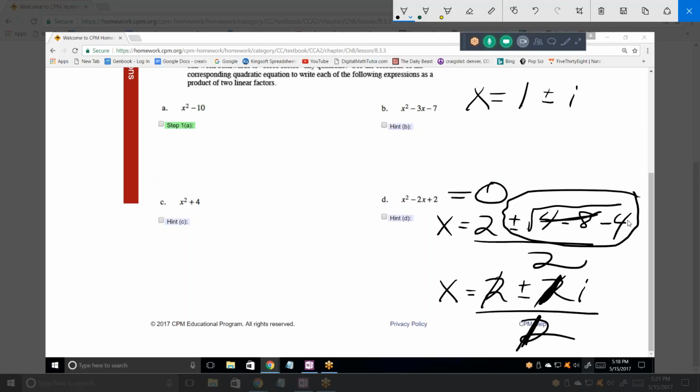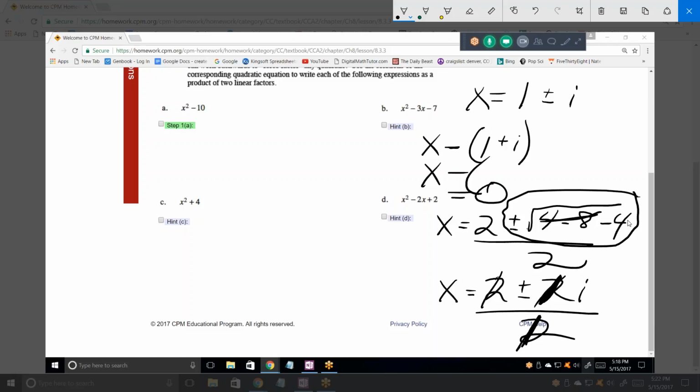Now, what are my two linear factors? x minus, or x plus 1 plus i. Hold on. It's always x minus. In other words, it's always x minus whatever your solution was. So there's one.